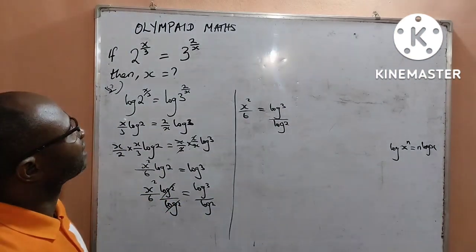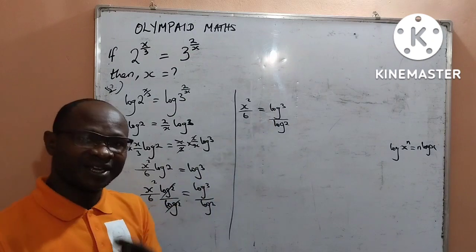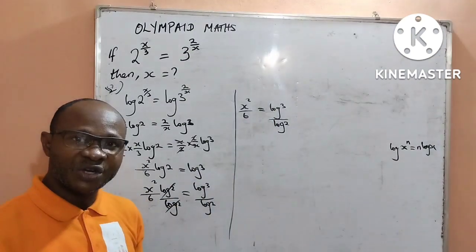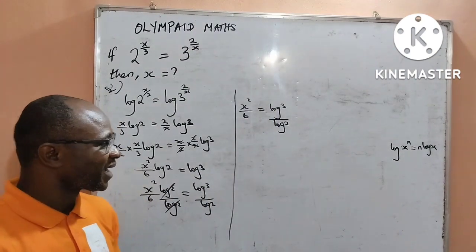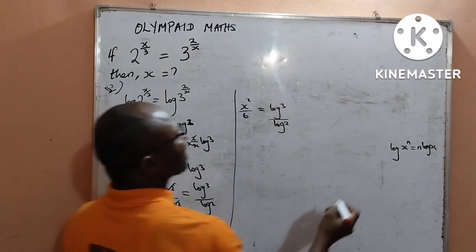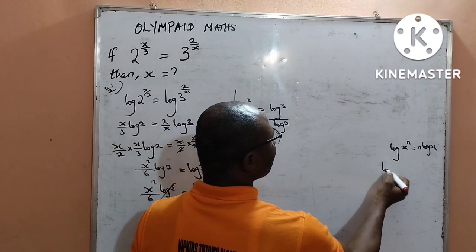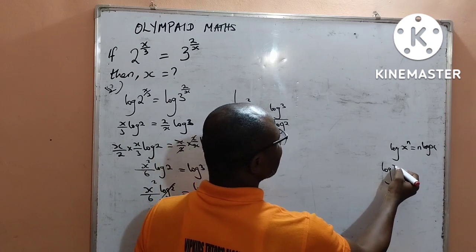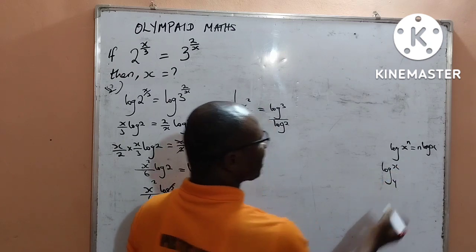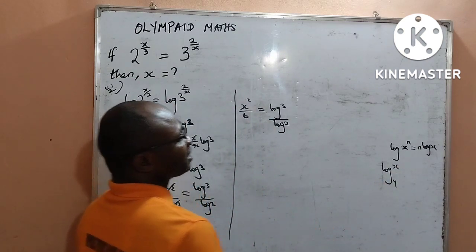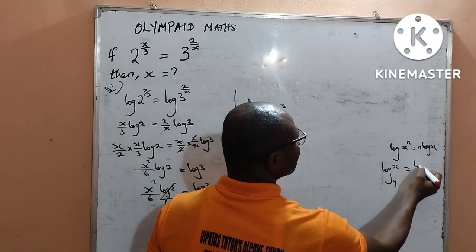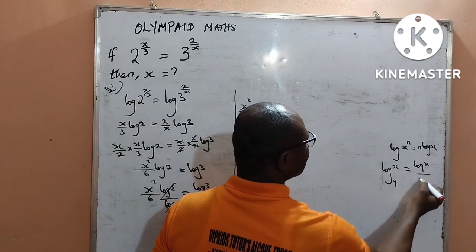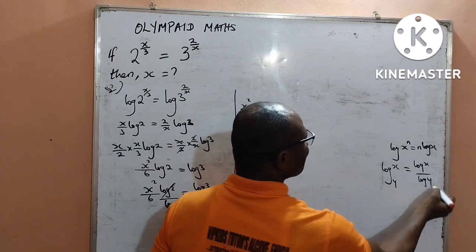Good. Now, I want to apply a law in logarithms that is called the change of base law. And what does it say? If I have the log of x base y, it is equal to the log of x all over the log of y.